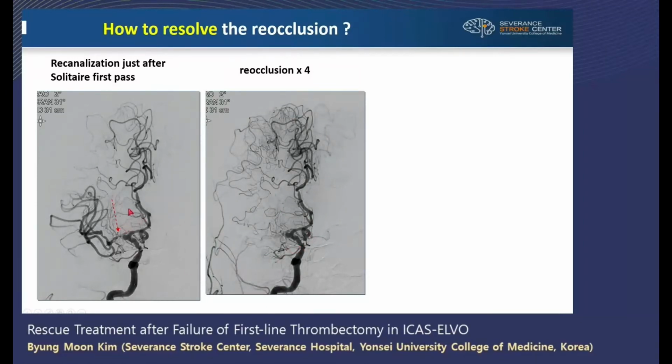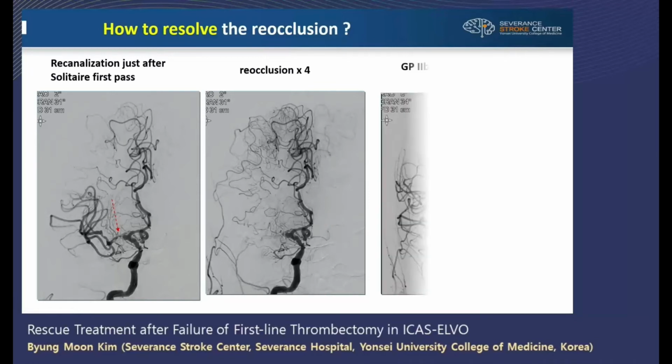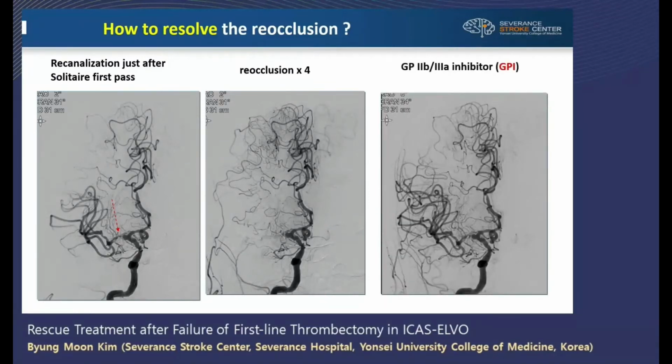Initial recanalization was achieved just after a single first pass. Look here. A focal stenosis still remains at the right MCA trunk. However, repeat reocclusion happened despite multiple passes of the solitaire stent. After intra-arterial glycoprotein IIb/IIIa inhibitor, so-called GPI, infusion, the repeat reocclusion was resolved.